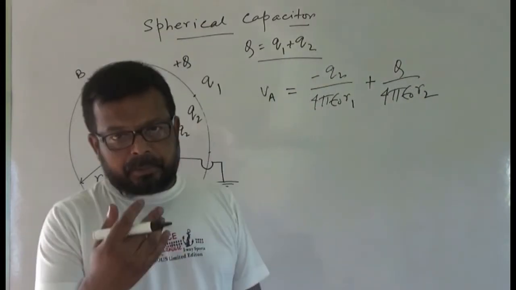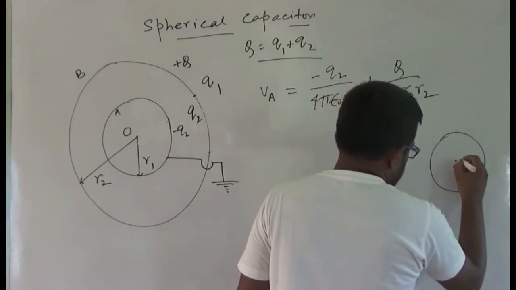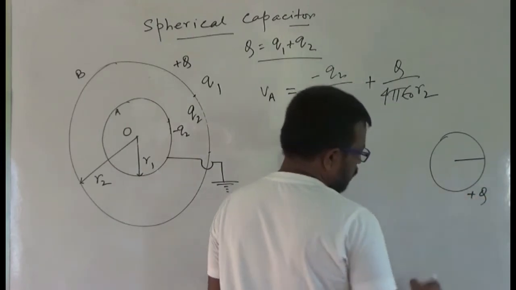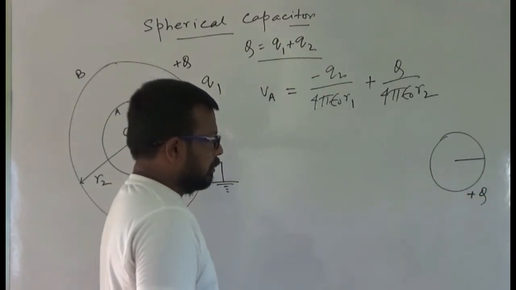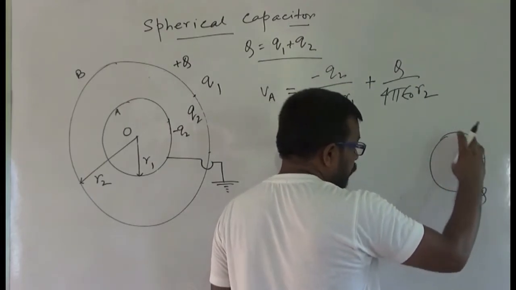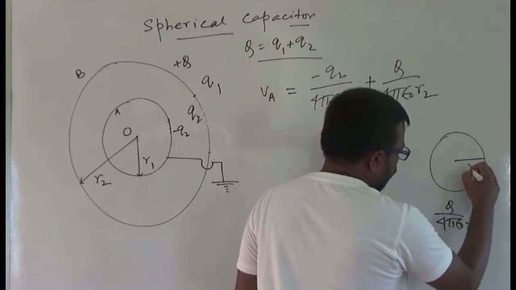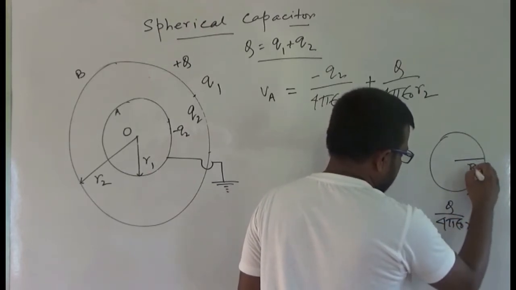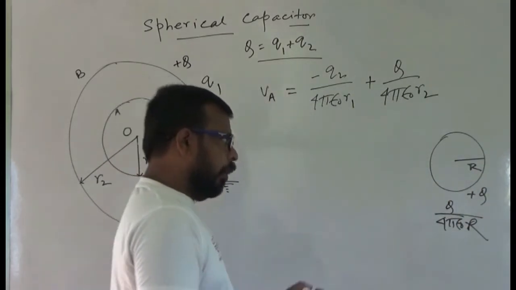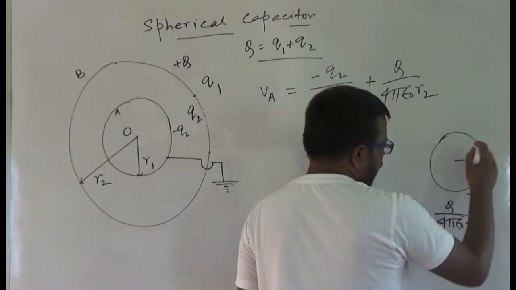You have to recall the previous results: if this is a charged body with charge plus Q, then the potential inside the sphere will be equal to Q divided by 4 pi epsilon naught R, where R, capital R, is the radius of the sphere, and also the potential on the surface of the sphere is this.